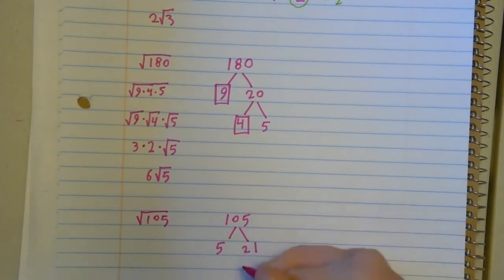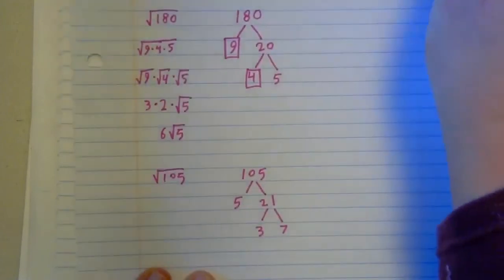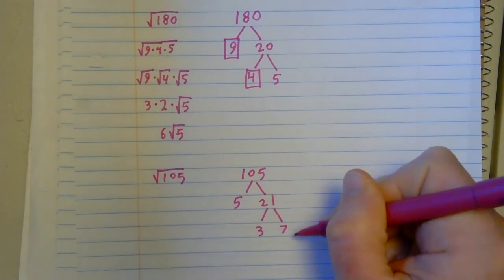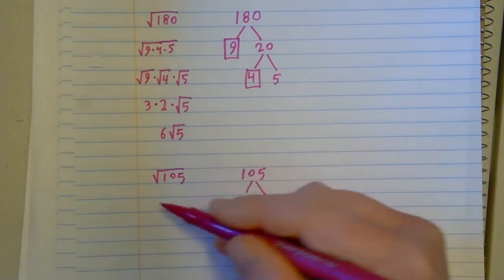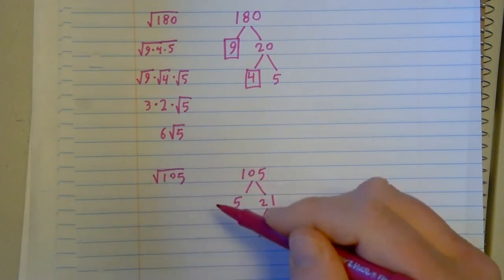And then 21 factors to 3 and 7. So this one has no repeating factors at all. It's got a 5, a 3, and a 7, and those are all prime, and none of them are the same. So this does not get any simpler than 105.